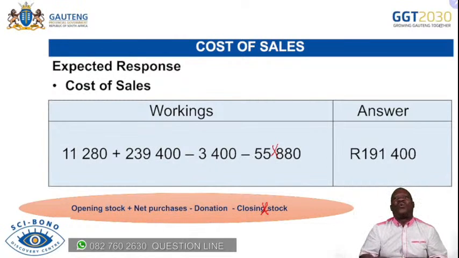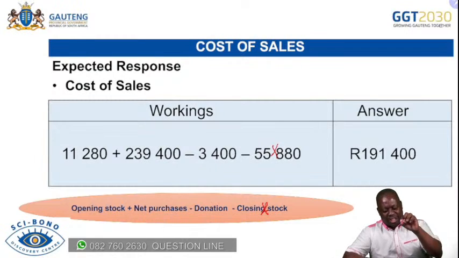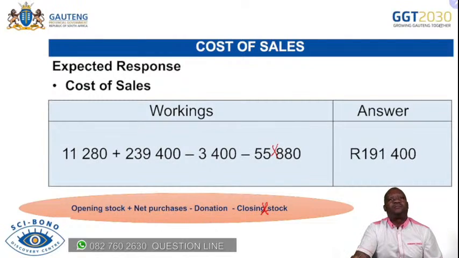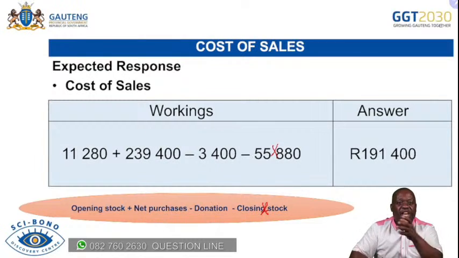It means whatever information required is the same, because opening stock is not going to be changed by the method. Purchases is not going to be changed by the method. Returns are not going to be changed by the method. Even donations are not going to be changed by the method.